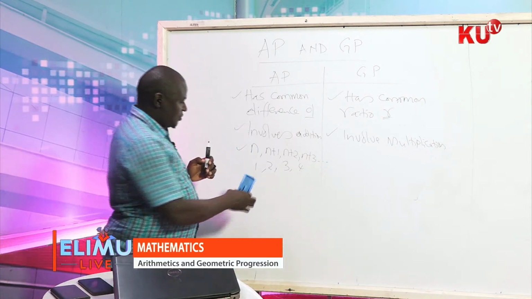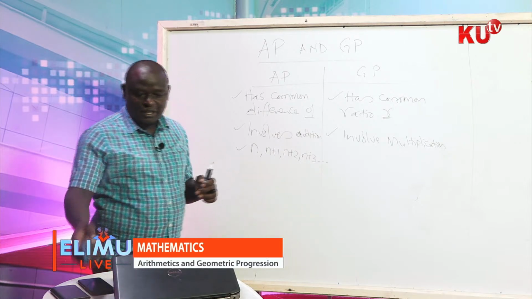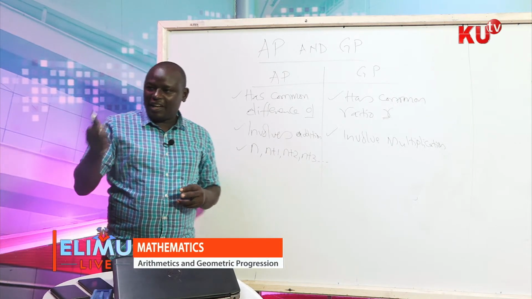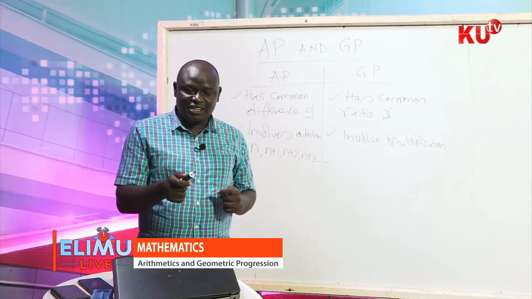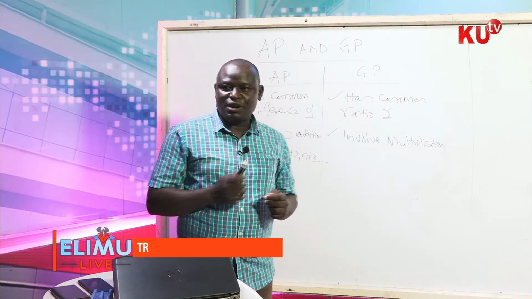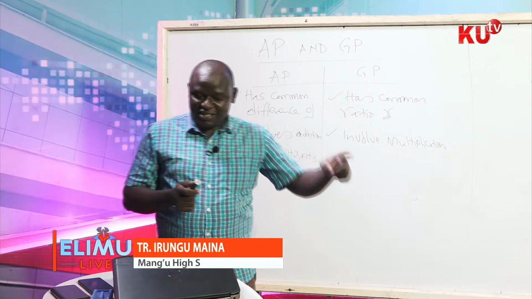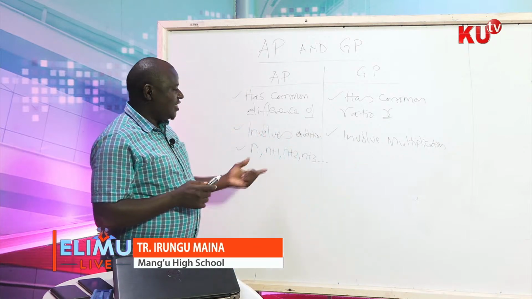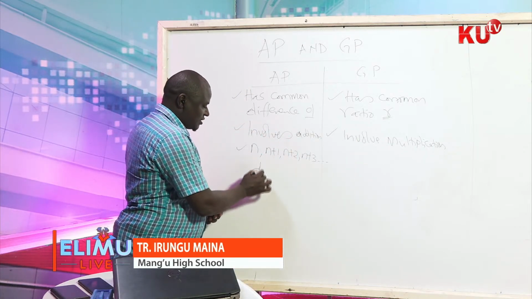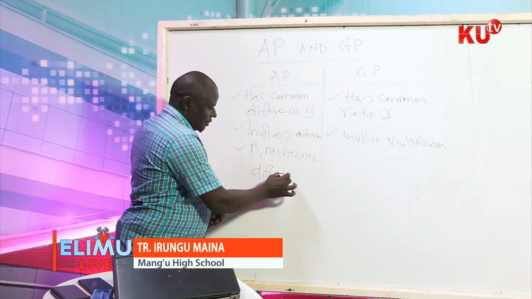So having said that, I want to rub the lower part and say, if we have n plus 1 as the next number, n plus 2 as the next number, n plus 3 in that order, then how do you get the difference, D?